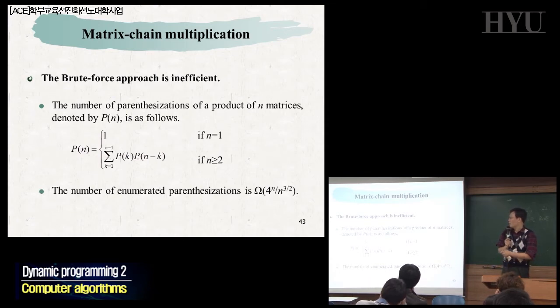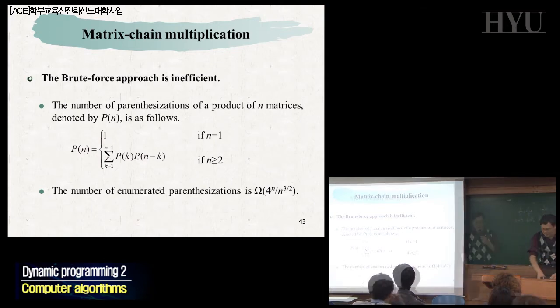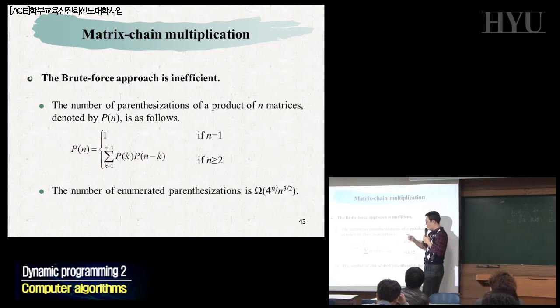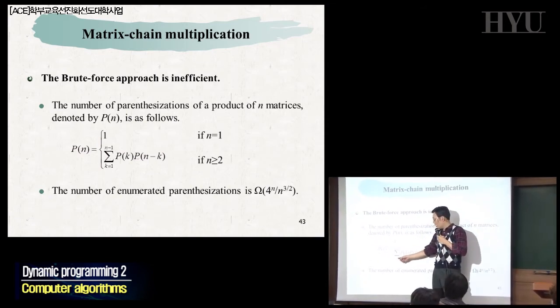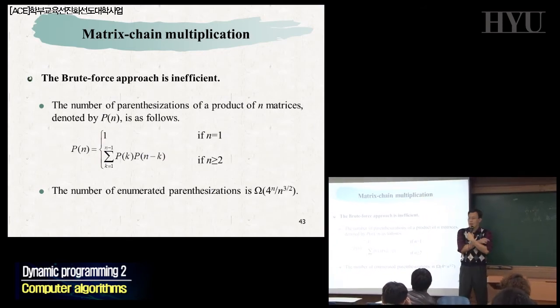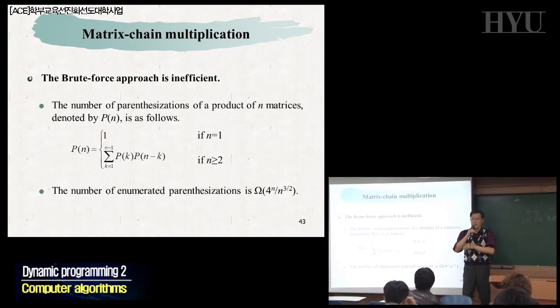And try to understand this recurrence. Yes, first, there are n minus 1 possibilities depending on the last multiplication. It is important.